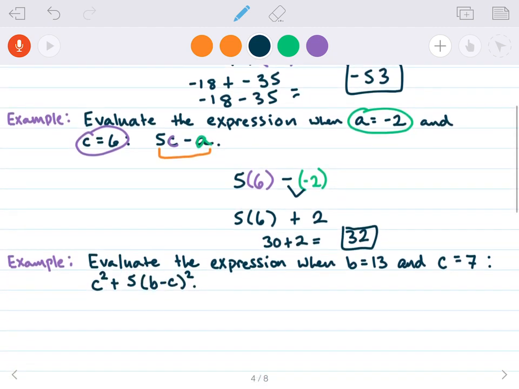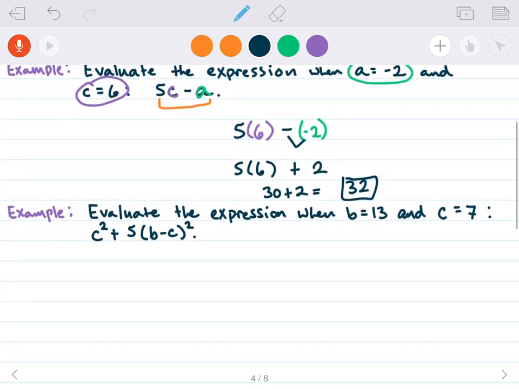All right, let's try another one. Evaluate the expression when b equals 13 and c equals 7. So I'm going to do B in green, and I'm going to do C in purple, making sure I put my parentheses when I'm substituting. So my expression is C squared plus 5 parentheses.